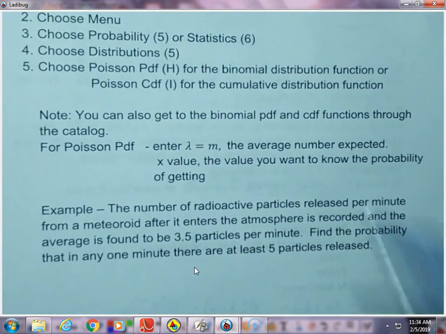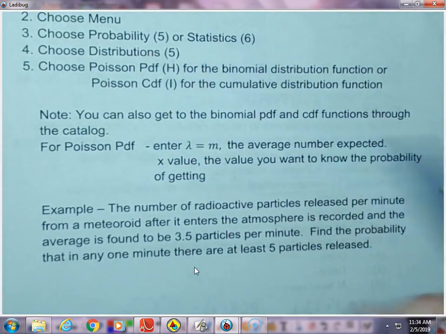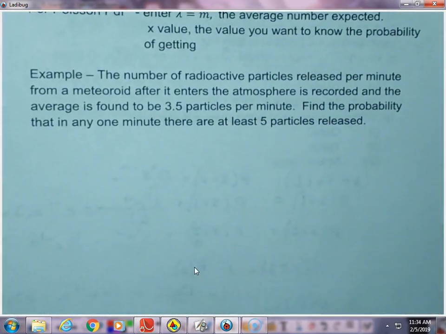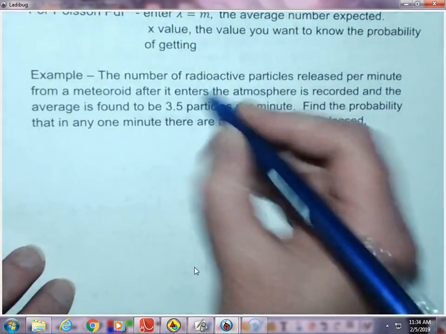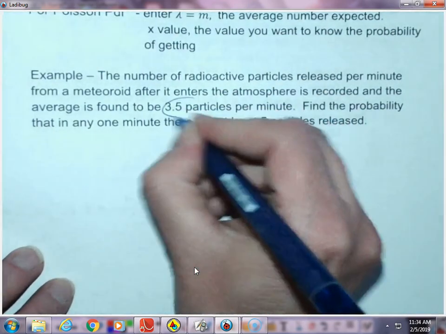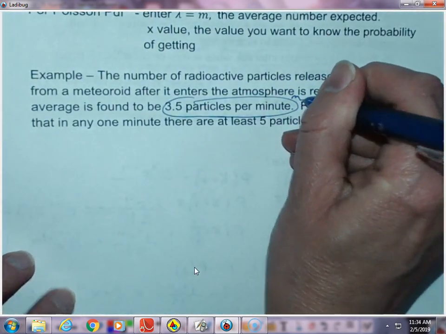Okay, so this first part is just the calculator directions. If you forget, you can go back and look at the document, but we've already done that. So this one's going to be pretty easy. It says the number of radioactive particles released per minute from a meteoroid after it enters the atmosphere is recorded, and the average is found to be 3.5 particles per minute. So this is my m as long as they don't change the time period.